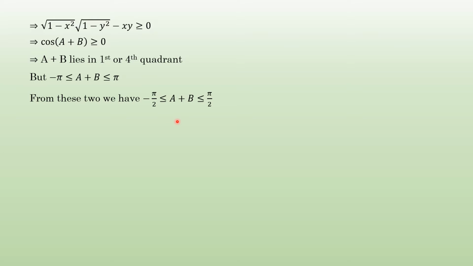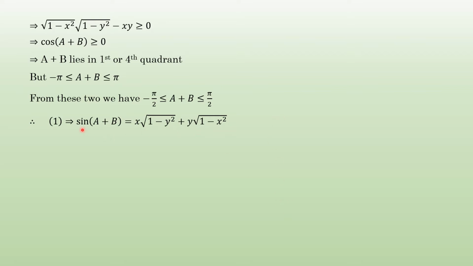So that means it is in the principal branch of the sine function. So in the principal branch of the sine function, sine of a plus b is equal to sine a cos b plus cos a sine b. So I am writing that one. So therefore sine of a plus b will be equal to sine a cos b plus cos a sine b, and that is already x into root over 1 minus y square and y into root over 1 minus x square. It is already written in the previous screen, and you can see from here.